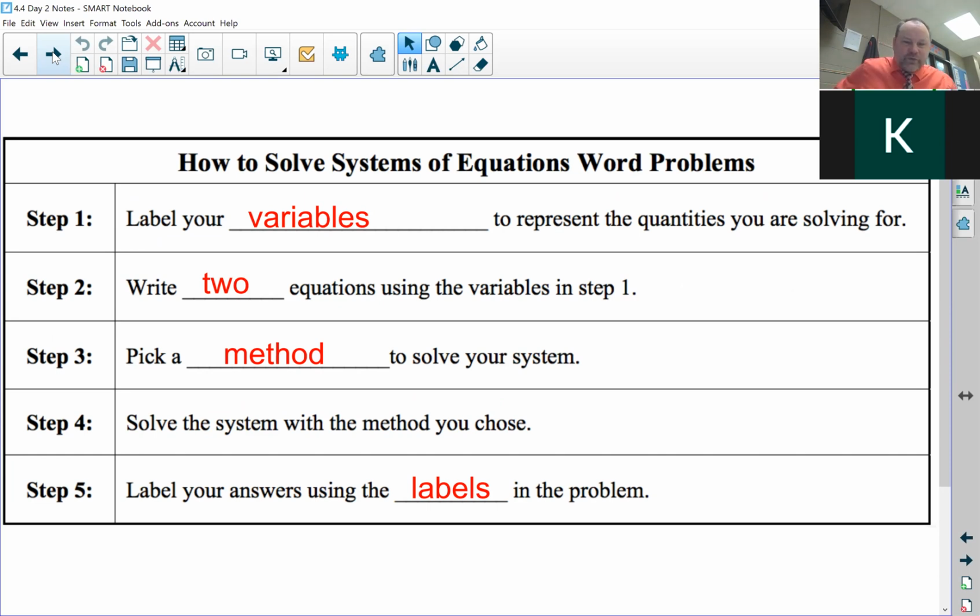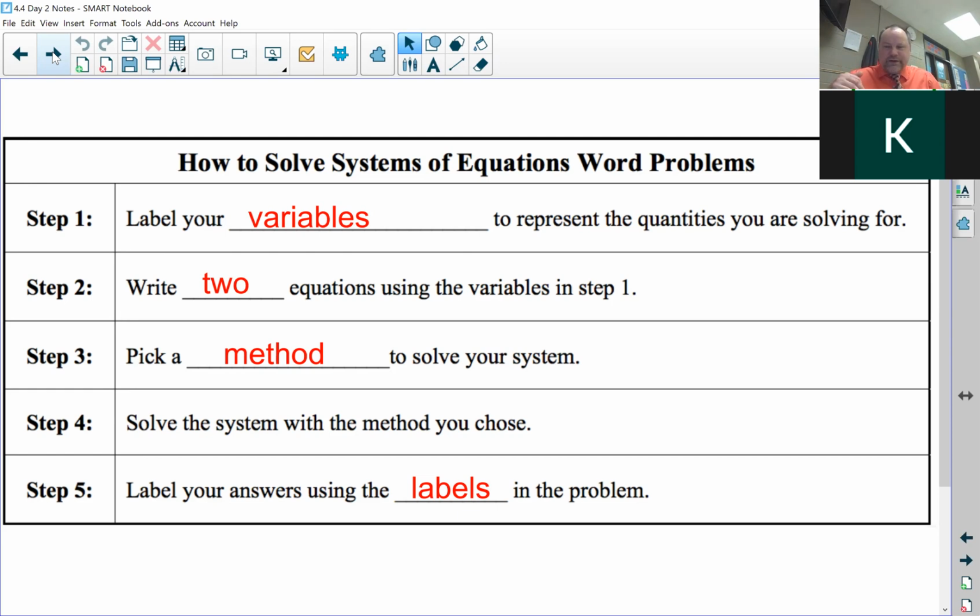The second step, write 2 equations using the variables from step 1. The third step, pick a method to solve your system. Step 4, solve the system with the method that you chose. And step 5, label your answers using the labels in the problem.